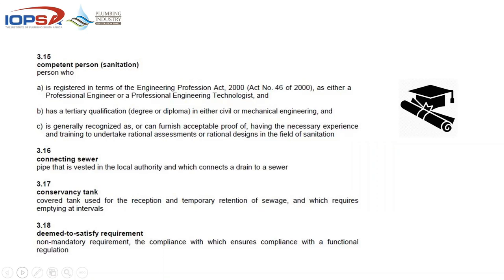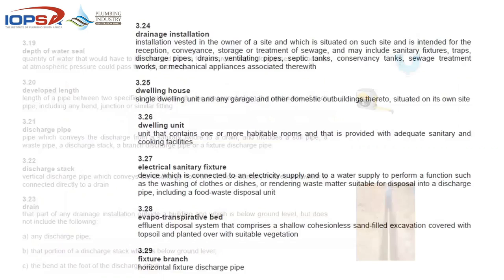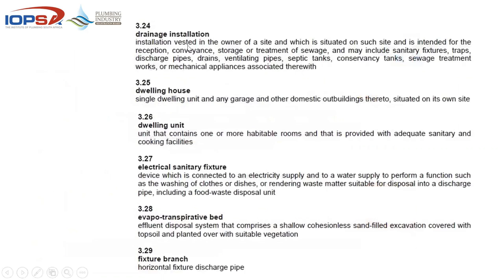So we'll have a look at some of these terms. Some of them are terms that we use regularly or almost daily. And then there's the definition of a drainage installation. If you look at that, it includes everything underground, but excludes the bends at the foot of the stack.